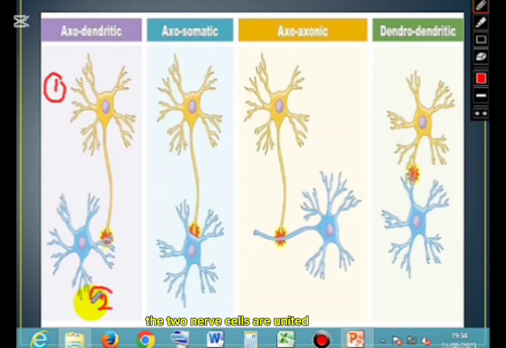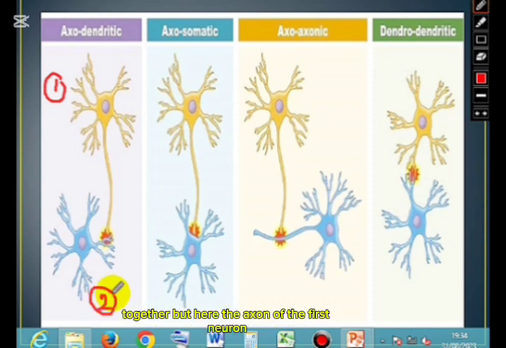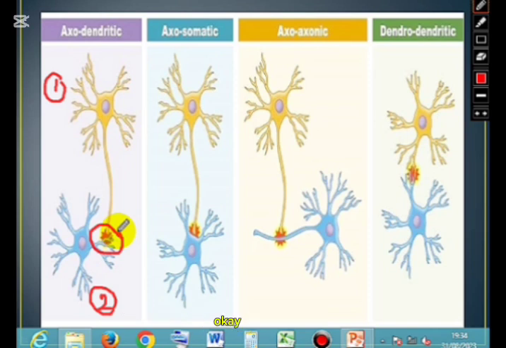So the two nerve cells are uniting together. But here, the axon of the first neuron unites with the dendrite of the second neuron. And this type of synapse is called the axodendritic synapse. Okay? Is that clear? Yes, sir.